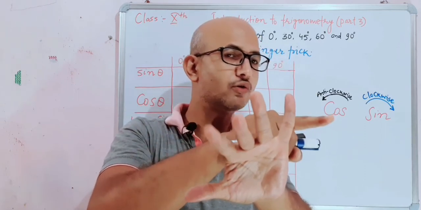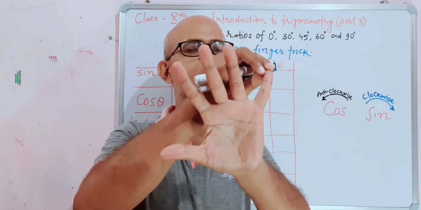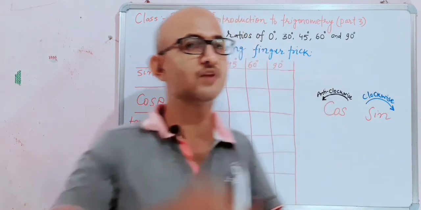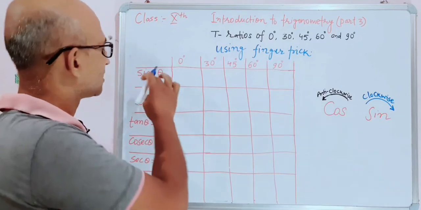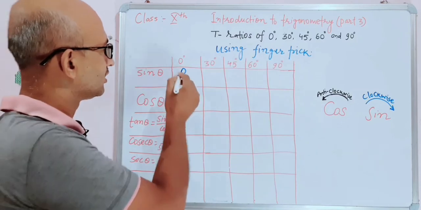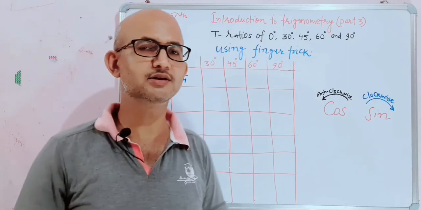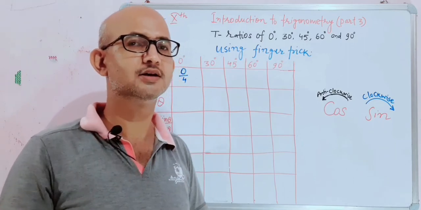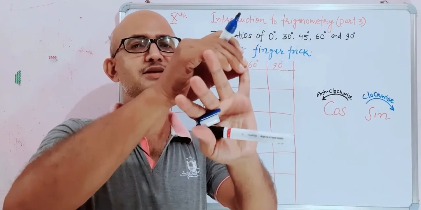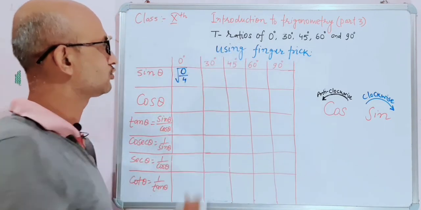Since there is no finger in clockwise direction of this 0 degree finger, therefore, in the column of sine of 0 degree, we take 0 and divide it by 4. 4 represents number of fingers left, that is number of fingers besides this 0 degree finger, and we put a square root over it.